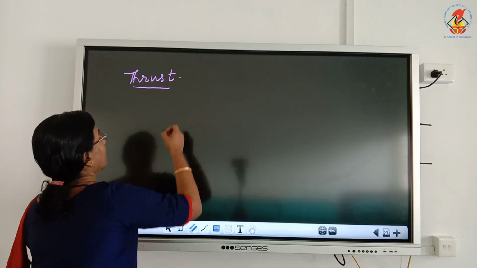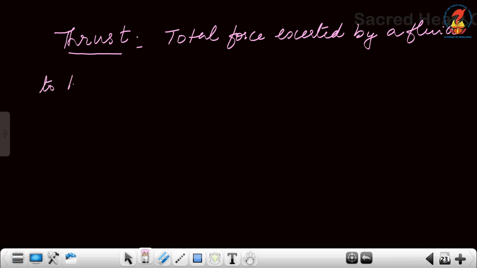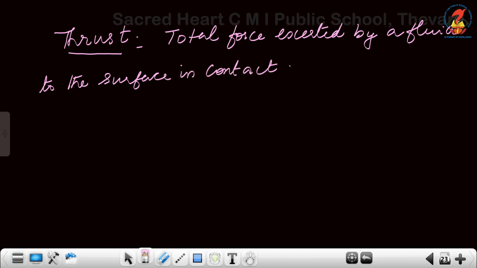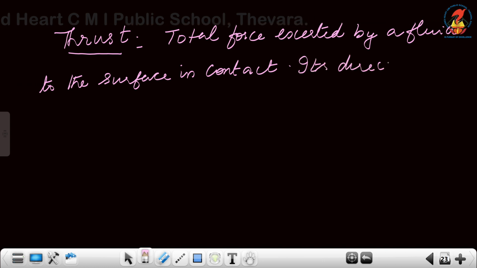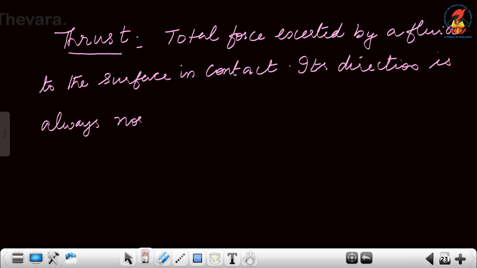And thrust is the total force exerted by a fluid to the surface in contact, and its direction is always normal to the point of observation.